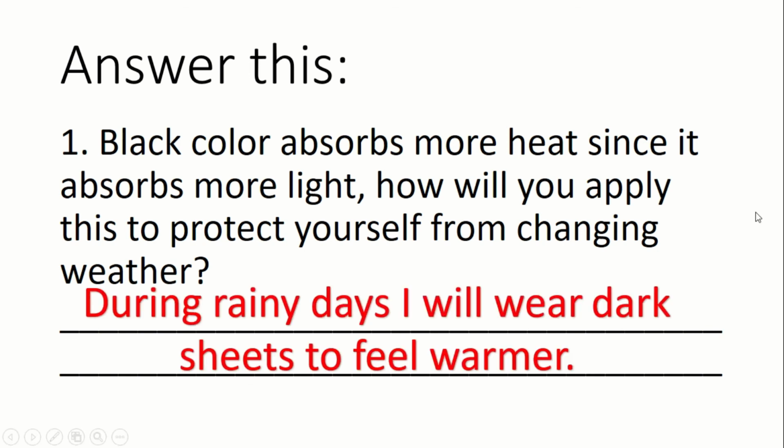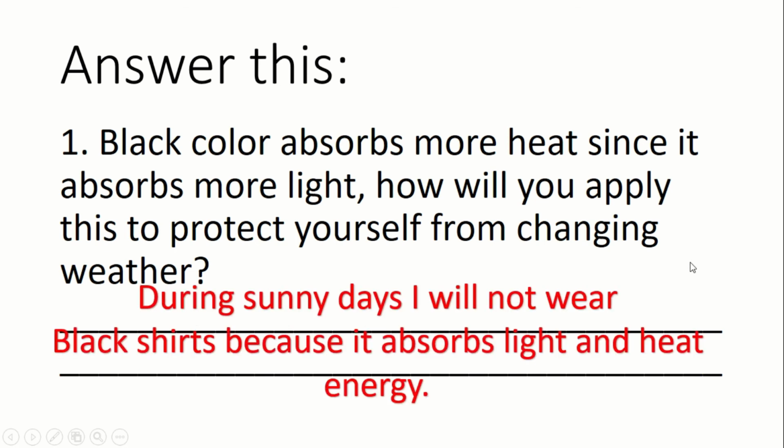Wow, you have a correct answer. During rainy days, I will wear dark shirts to feel warmer. Okay, next. During sunny days, very good. I will wear black shirts because it absorbs light and heat energy.